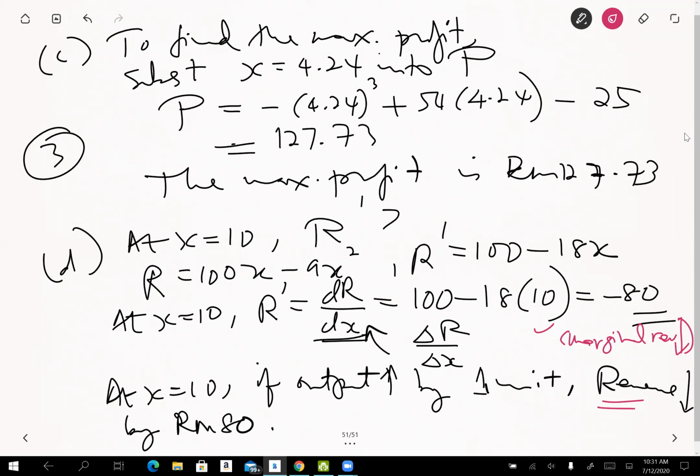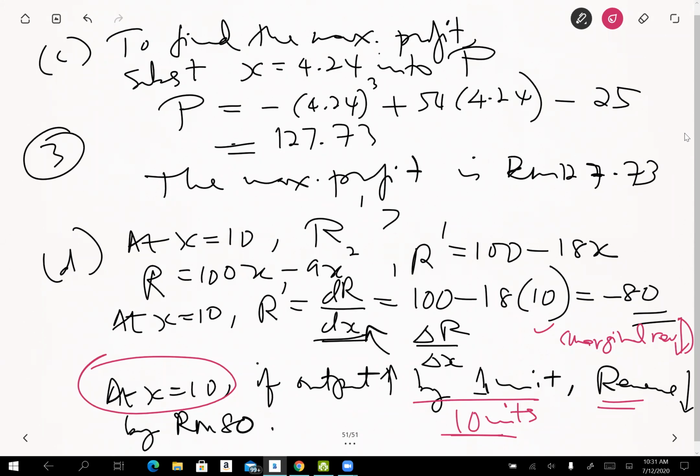The other mistake is saying if output increases by 10 units. Output does not increase by 10 units. It's about the point of the derivative, x equal to 10. Output increases by 1 unit because you get the R prime equal to a certain value. So when you interpret, you have a small change in x, which is 1 unit.